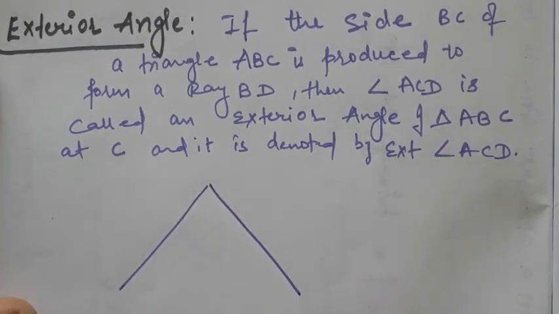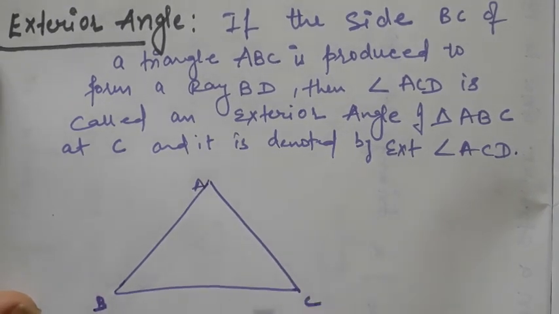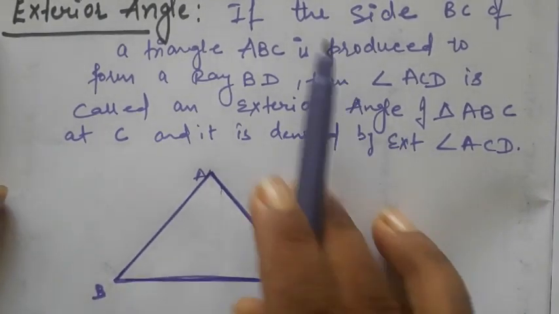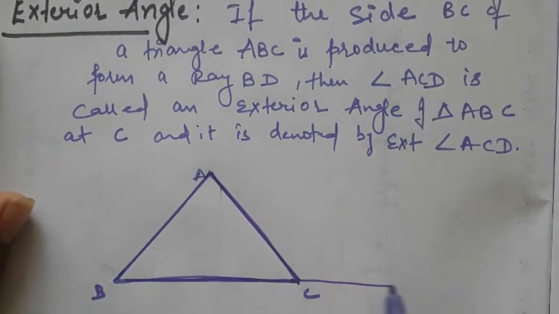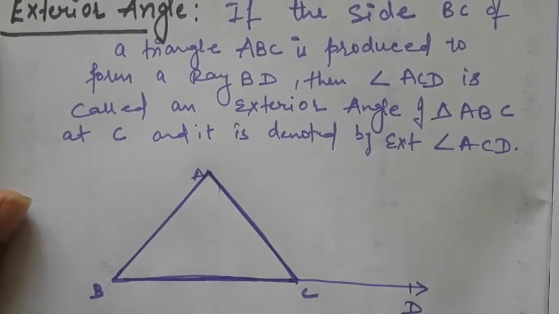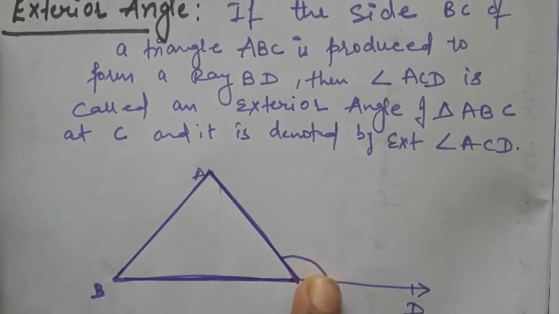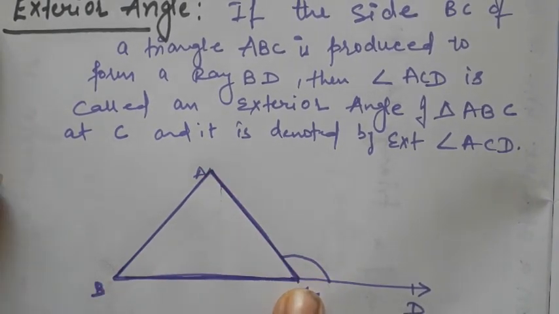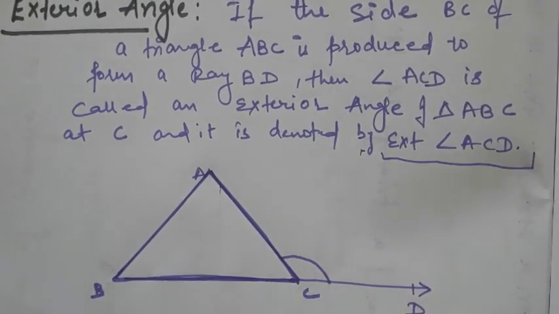This is triangle ABC. If the side BC of a triangle ABC is produced to point D, then this angle is called the exterior angle of triangle ABC at point C, and it is denoted by exterior angle ACD.